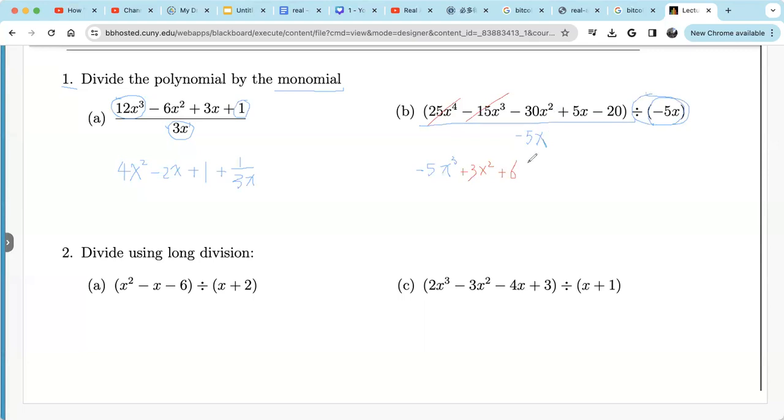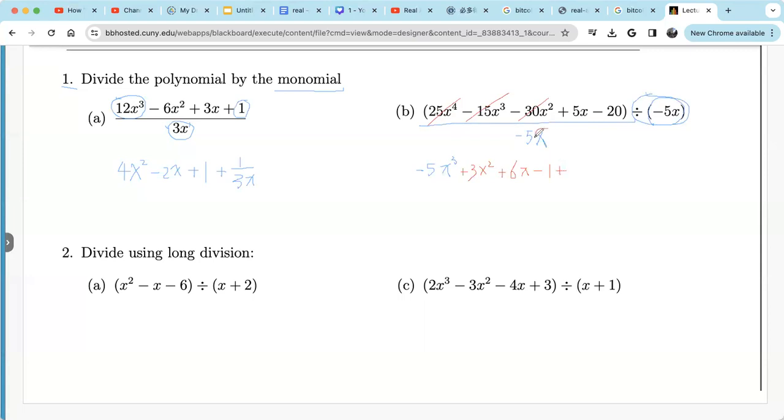X squared divided by x, x. Third term is done. 5x divided by negative 5x. 5x and 5x are the same, but one is positive and one is negative, so I get negative 1.